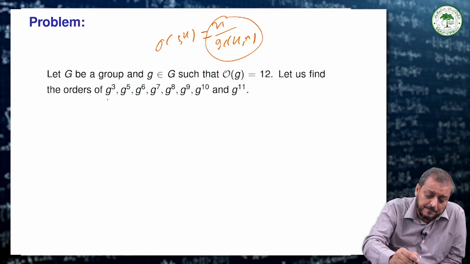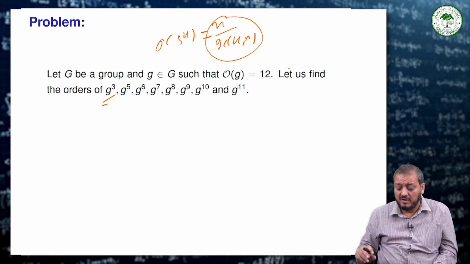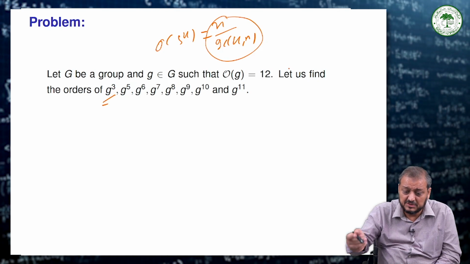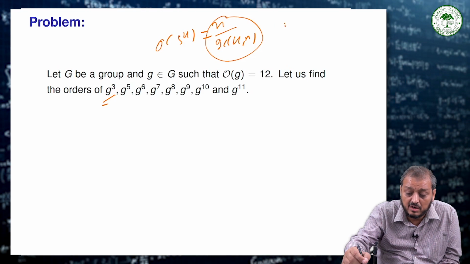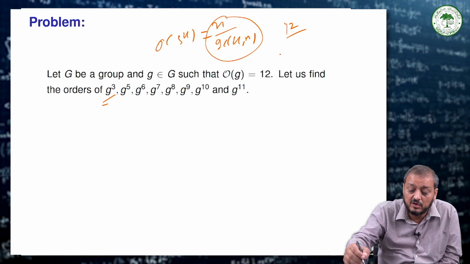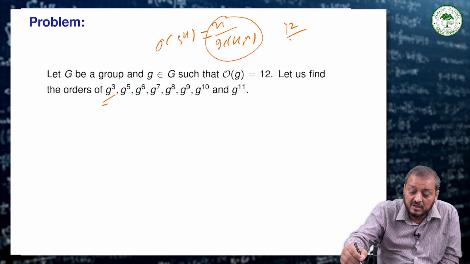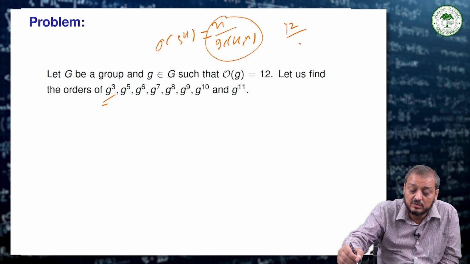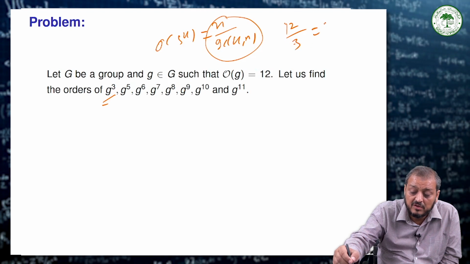For example, take k equal to 3. Then 3 and 12 are not relatively prime. Here n, the order of G, is equal to 12, and the GCD of 12 and 3 is equal to 3. So we have 12 divided by 3, which is equal to 4.